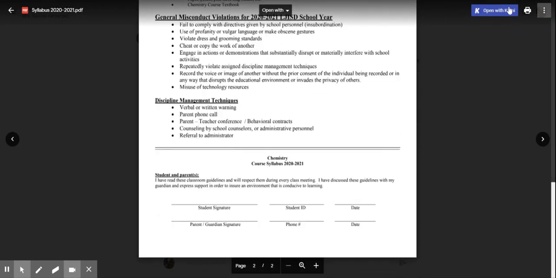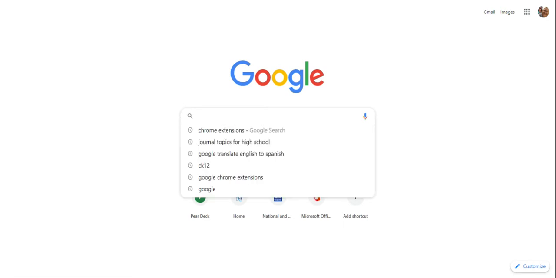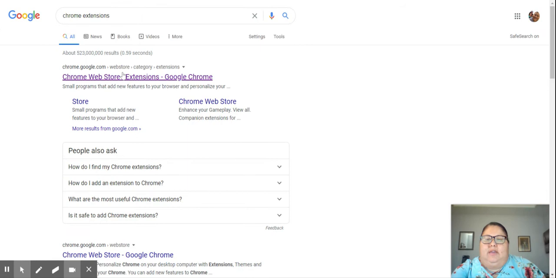It's called Kami. In order for you to download Kami, you're going to go to the Chrome store. I would just go to Google, and then just go Chrome extensions. And then here you go to the web store.